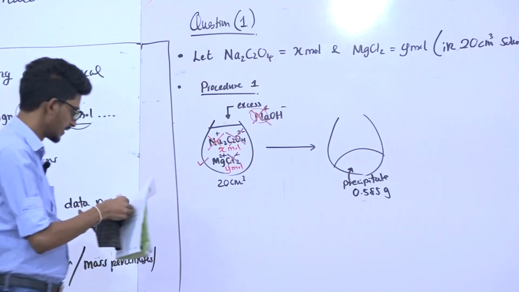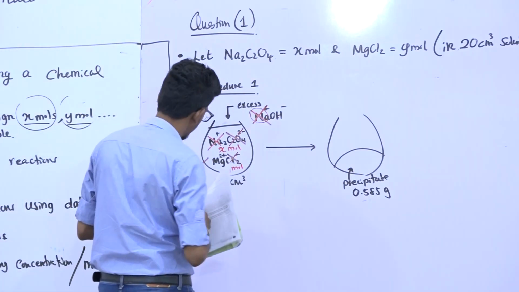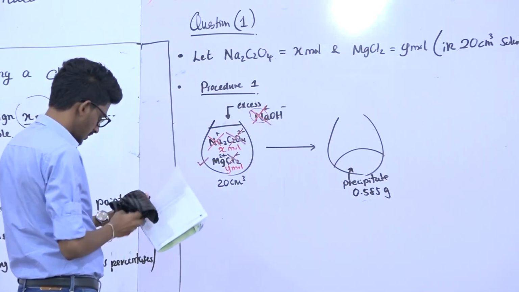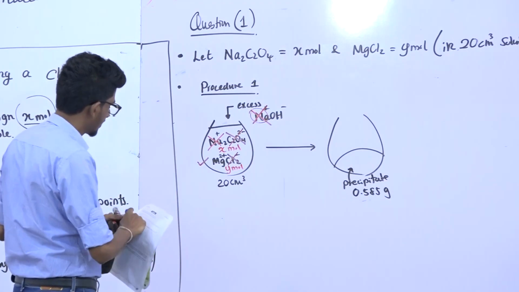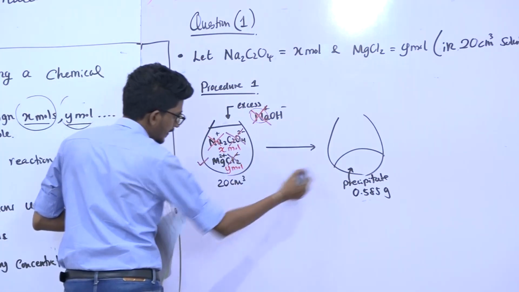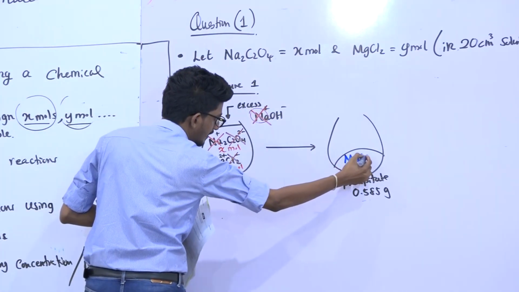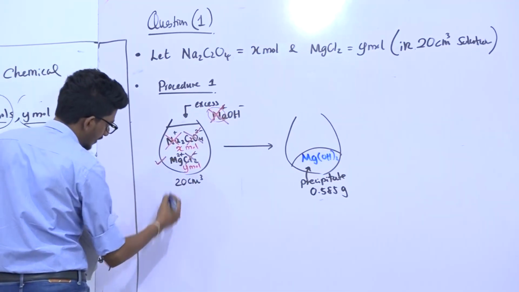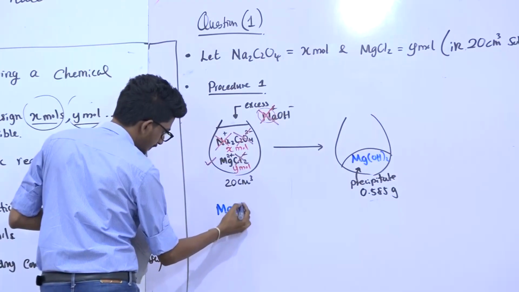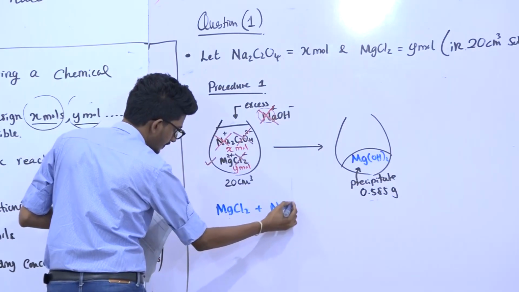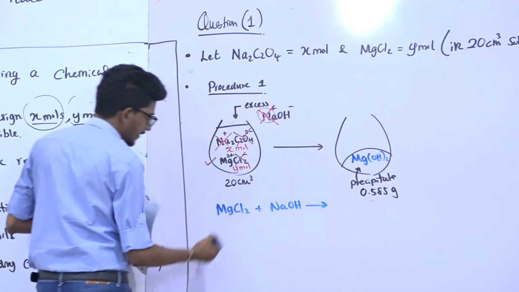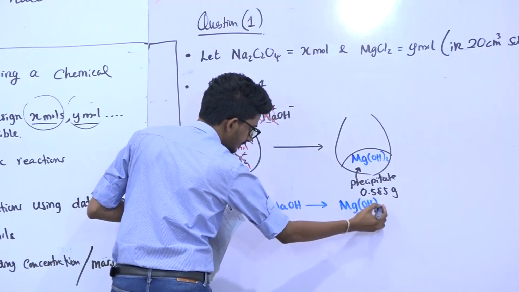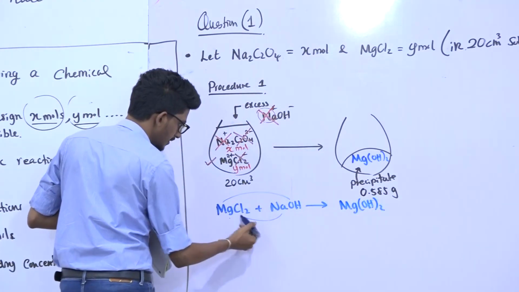So let's write the reaction. Magnesium hydroxide is your precipitate. When writing precipitation reactions, you now know magnesium hydroxide is the one here. Write the reaction first: NaOH reacting with magnesium chloride, by ion exchange, gives magnesium hydroxide and sodium chloride.